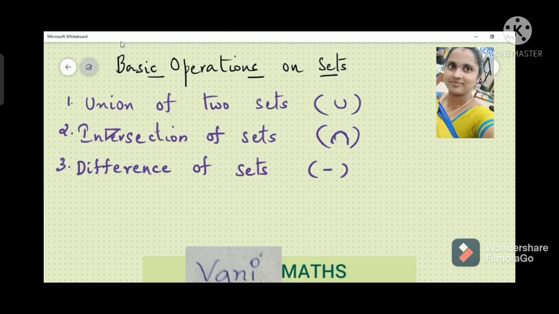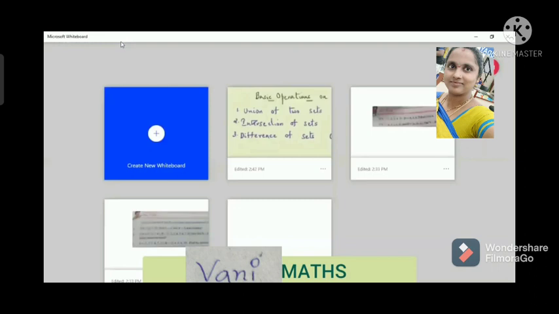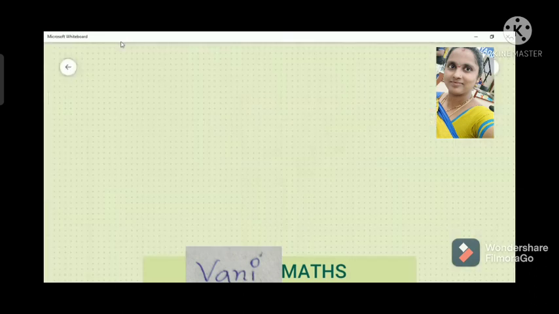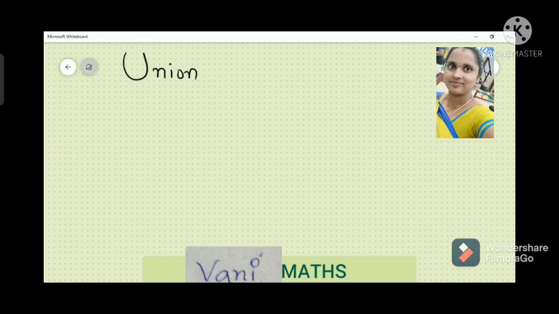Union of two sets. Yesterday we discussed what is the union of two sets.